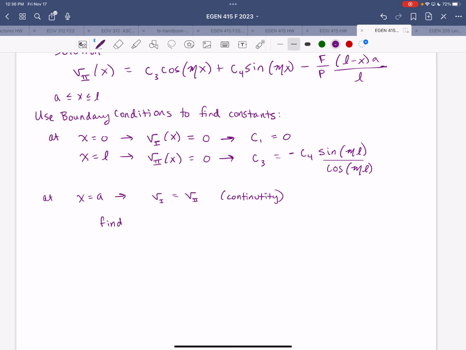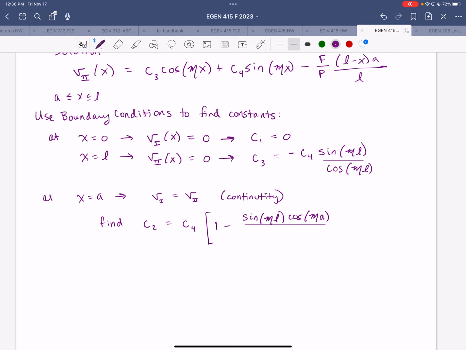So from that, we'll find that C2 is equal to C4 times, say in brackets, 1 minus sine of lowercase mL cosine of lowercase mL divided by, that's sine of mL times cosine of ma, not mL, ma.